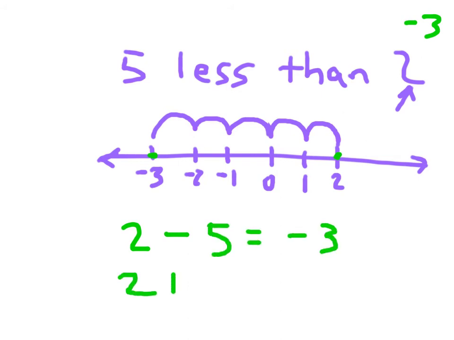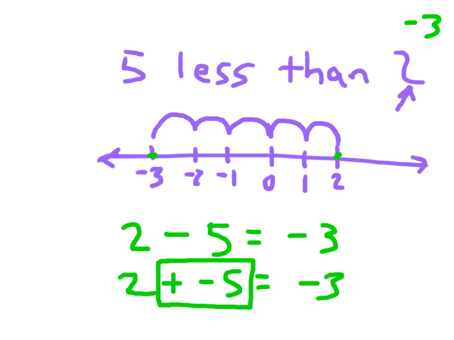What we will learn is that you can actually write this in this manner as well. Adding a negative number is the same as just subtracting that same number. Minus 5 is the same as saying plus negative 5. 2 plus negative 5 equals negative 3.